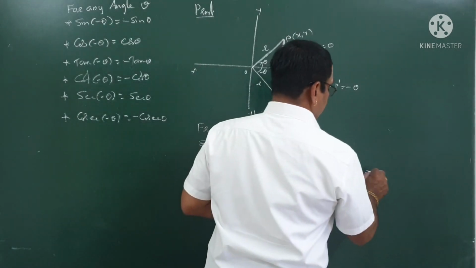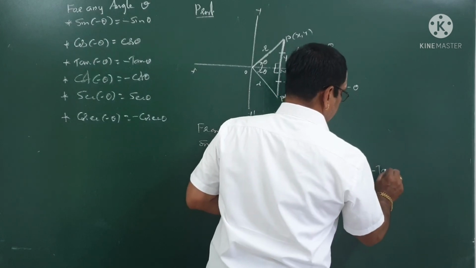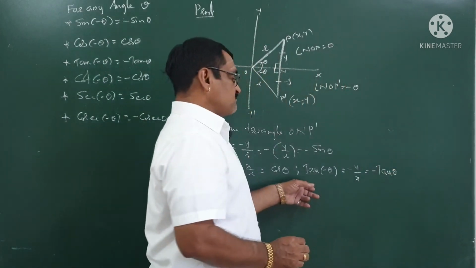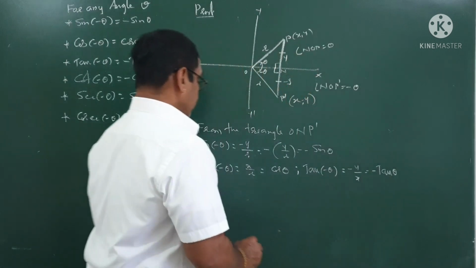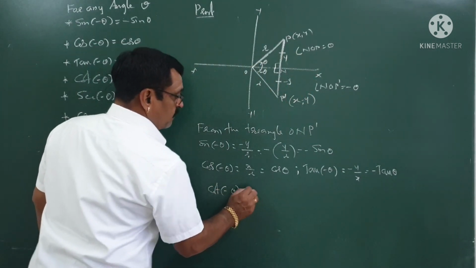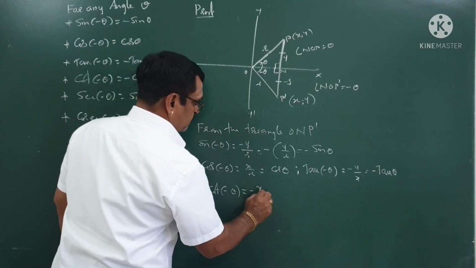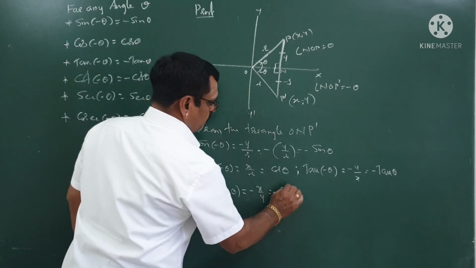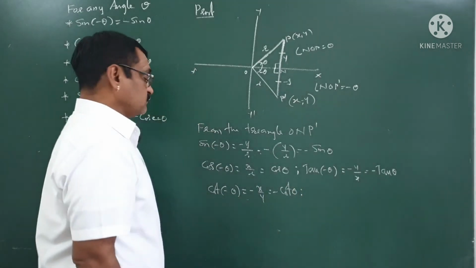Of course, this is minus tan theta. So tan of minus theta equal to minus tan theta. Next one, cot of minus theta is minus x by y is equal to minus cot theta.